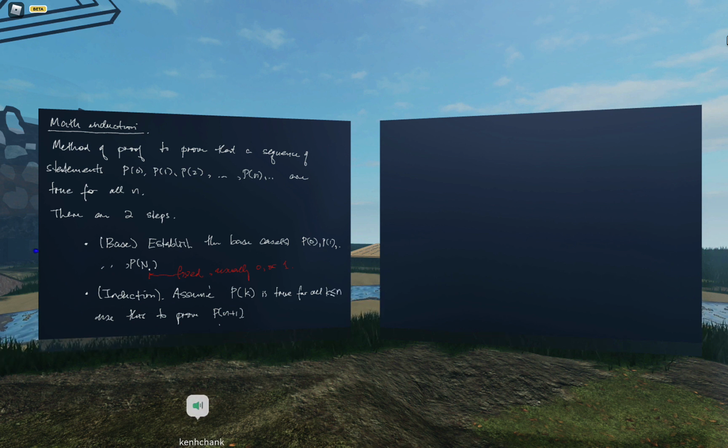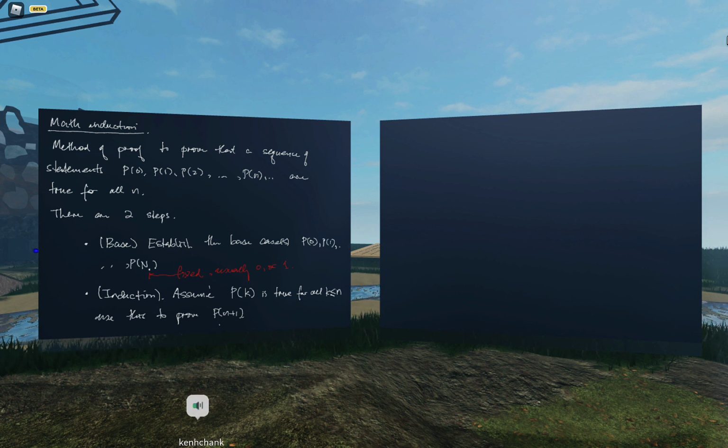Right, so for all these statements up to and including n, I assume that they're all true, and I'm going to use the power that this gives me to show that the next statement is also true. So once the base case is established and this induction step is established, then automatically we have that all of the statements are true for n.